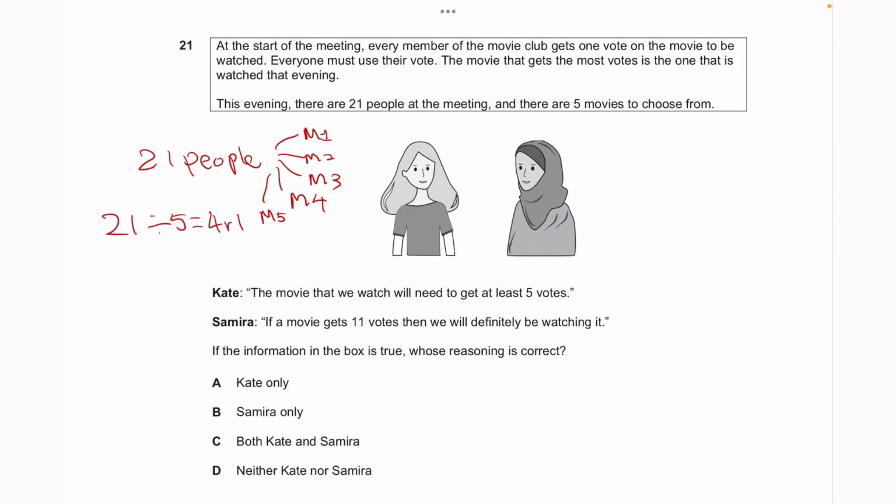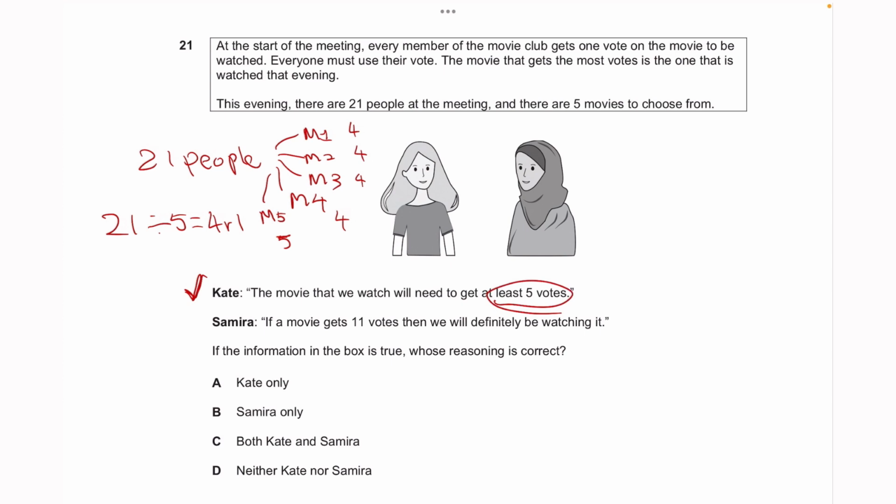And so to be equal, everyone would have to have 4 votes in each one, but then the last one would have that extra vote, making 5, and that movie would be the majority, and so that movie would be watched. And so Kate's reasoning is actually correct, because they would indeed need to get at least 5 votes, okay?